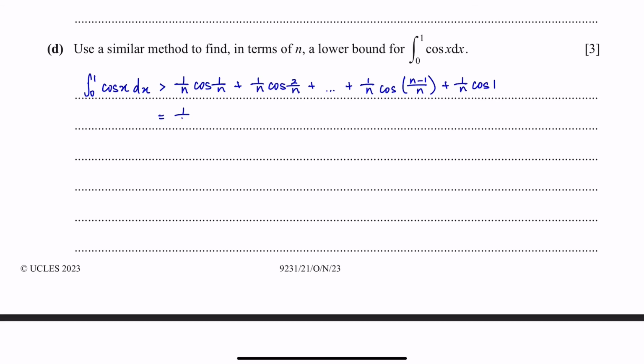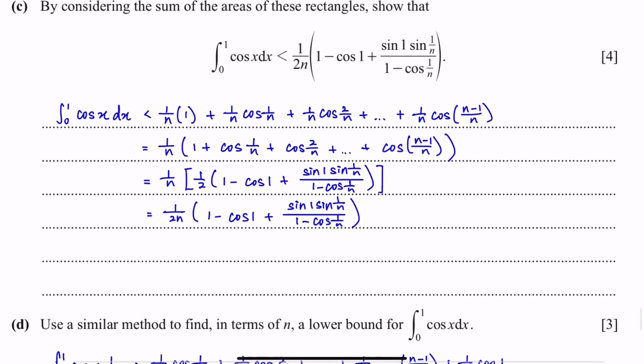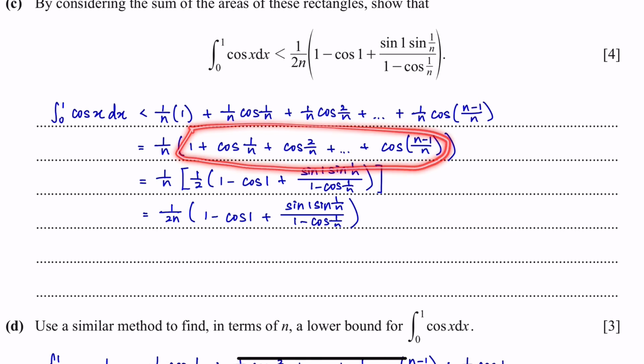So same thing, we factorize 1 over n out, and we would get cos 1 over n plus cos 2 over n up to cos (n minus 1) over n plus cos 1. And now you can see that this whole thing is basically this whole thing minus 1, right? So we can still sub this.